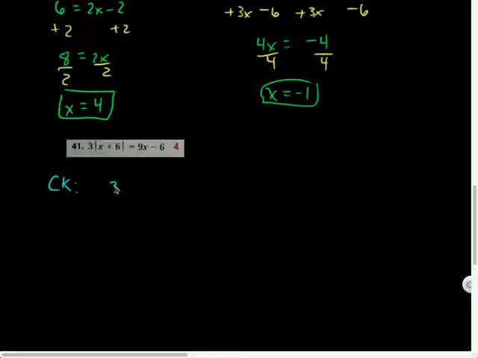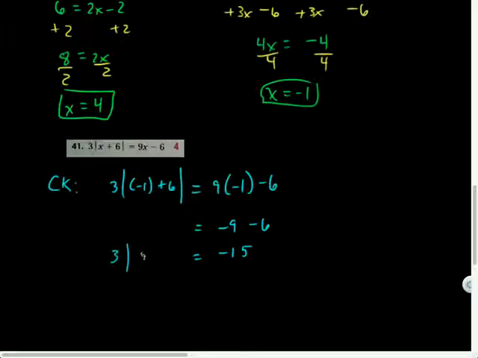So I would have 3 times the absolute value of negative 1 plus 6, close absolute value, equals 9 times negative 1 minus 6. Look at just this right-hand side. That'd be negative 9 minus 6, negative 15. And I have 3 times the absolute value of 5. That's 3 times 5. 15 equals negative 15.